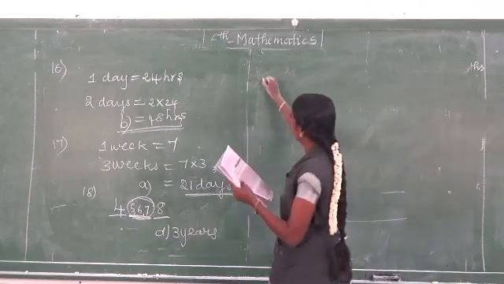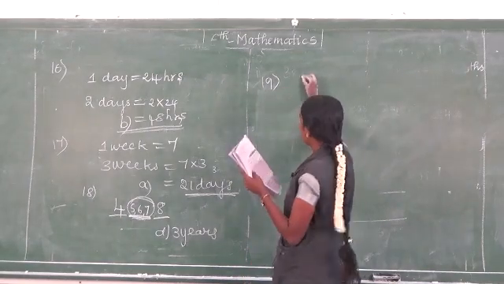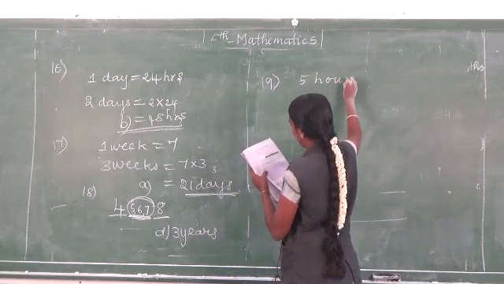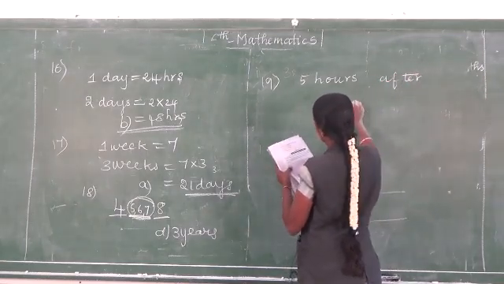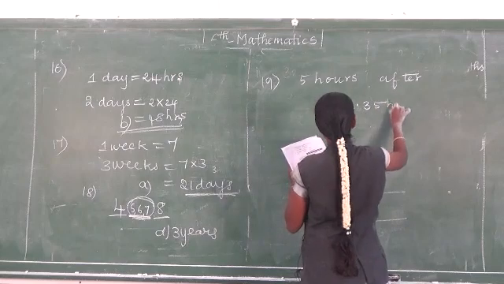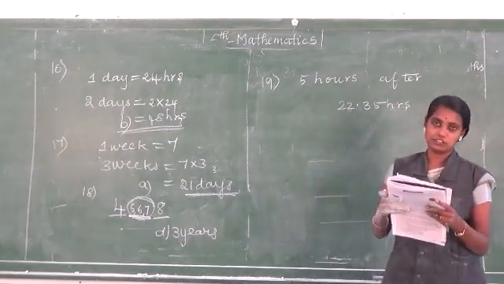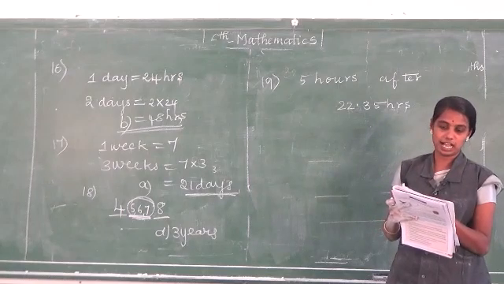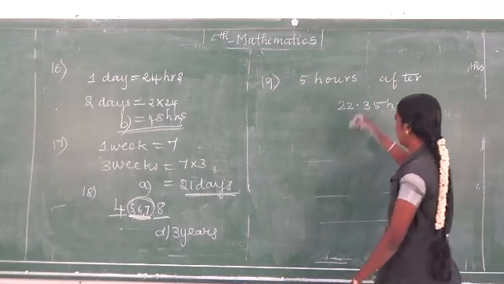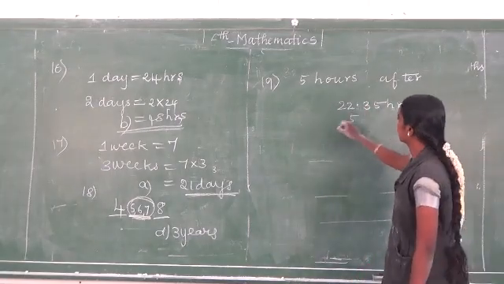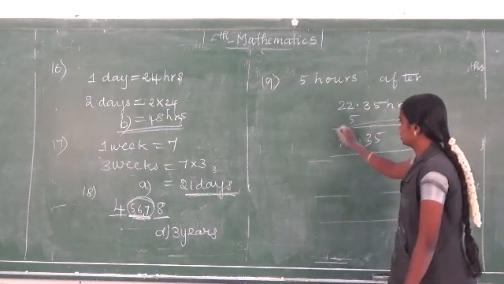Question number 19, what time will it be 5 hours after 22 hours 35? Listen, they are asking what time it will be 5 hours after 22:35. So add 5 to this. Do we have time like this?